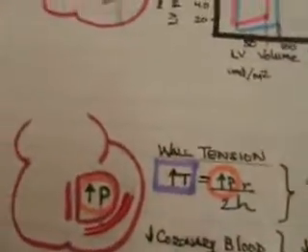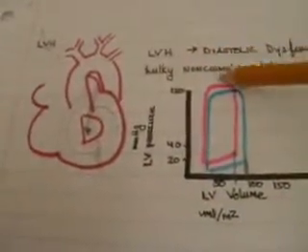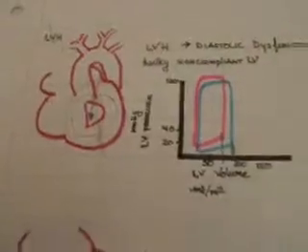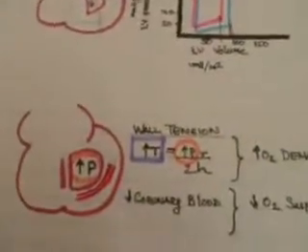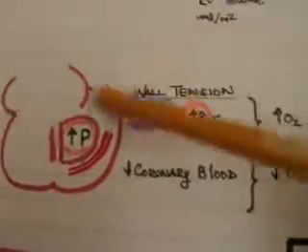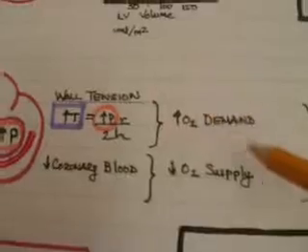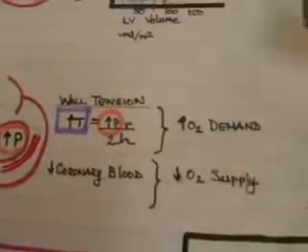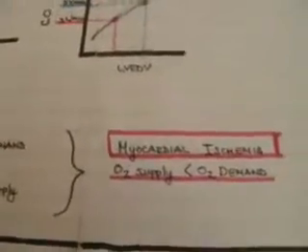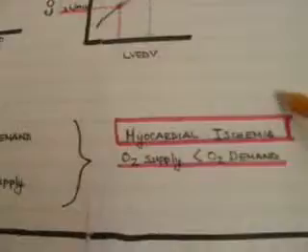And once again, as you increase that left ventricular end diastolic pressure in a diastolic dysfunctional heart due to its non-compliance, you're going to increase that wall tension. This combination of increased O2 demand and decreased O2 supply will eventually lead to myocardial ischemia, where there's an imbalance of the oxygen supply and oxygen demand.